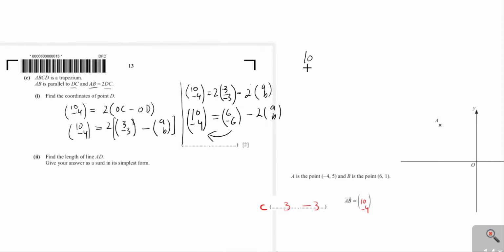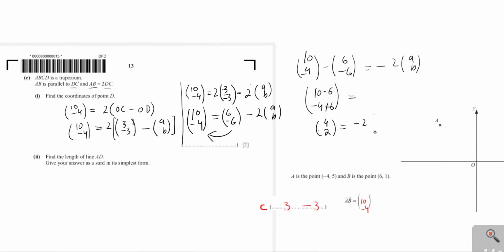We get (10, -4) minus (6, -6) equal to minus 2 times (a, b), and this is (10 minus 6, -4 plus 6), and this will be equal to (4, 2), and this is minus 2 times (a, b). We will divide this equation by minus 2.